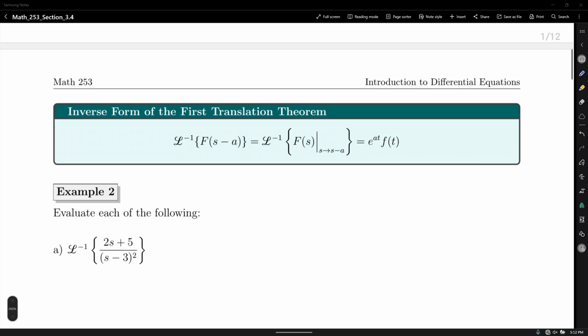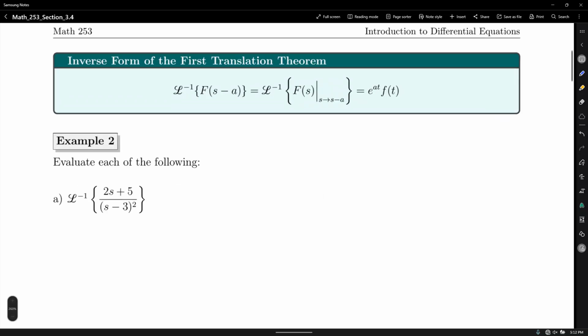So here's the thing. Let's find the inverse transform of (2s + 5) divided by (s minus 3) quantity squared. At first glance, you can see some translation here in the form of s minus 3. So somehow, we have a case for this translation theorem.